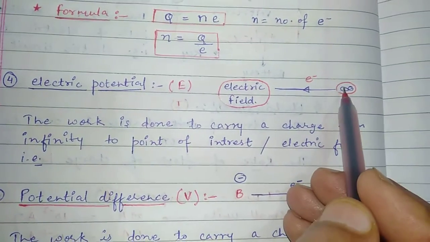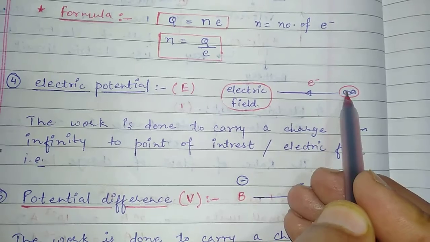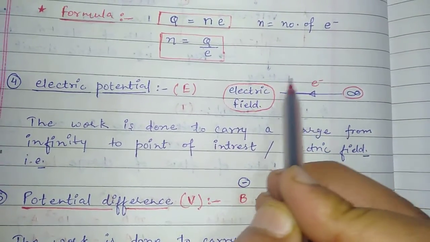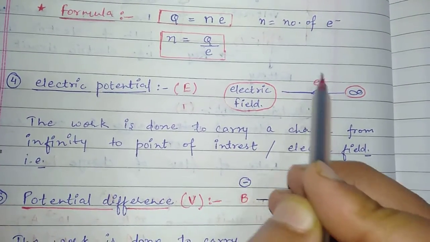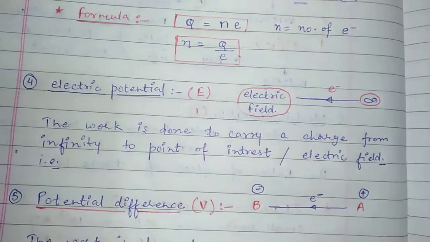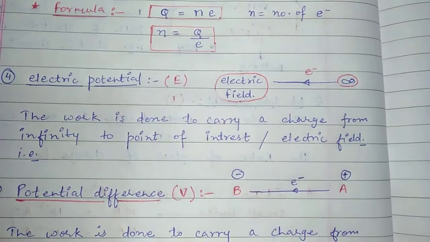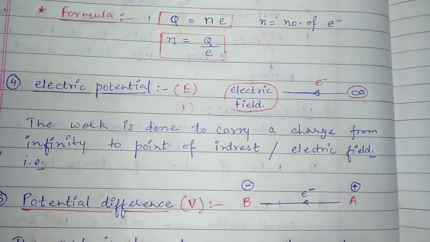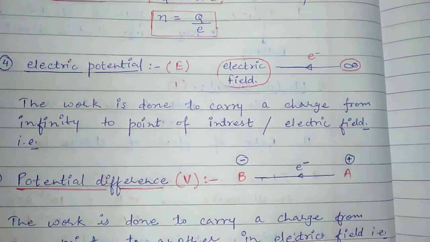When a charge is carried from infinity into the electric field, work is done to carry that charge, and that is electric potential. You can see its definition: the work done to carry a charge from infinity to the point of interest in an electric field. That is electric potential.